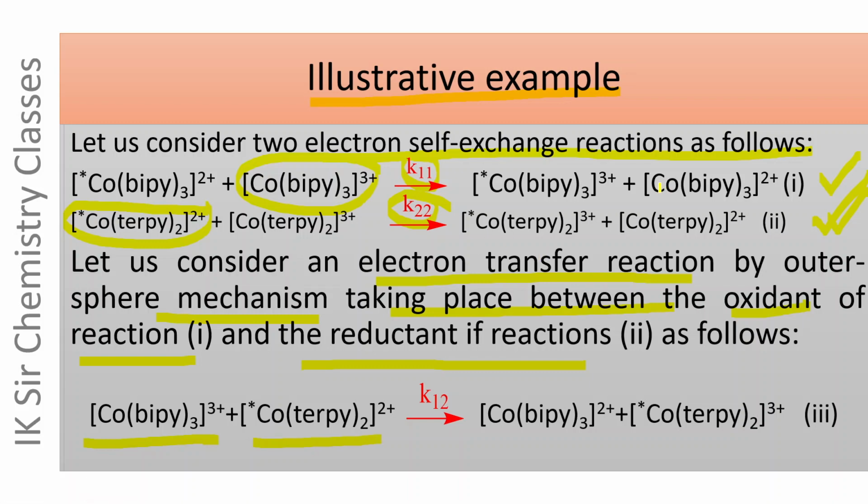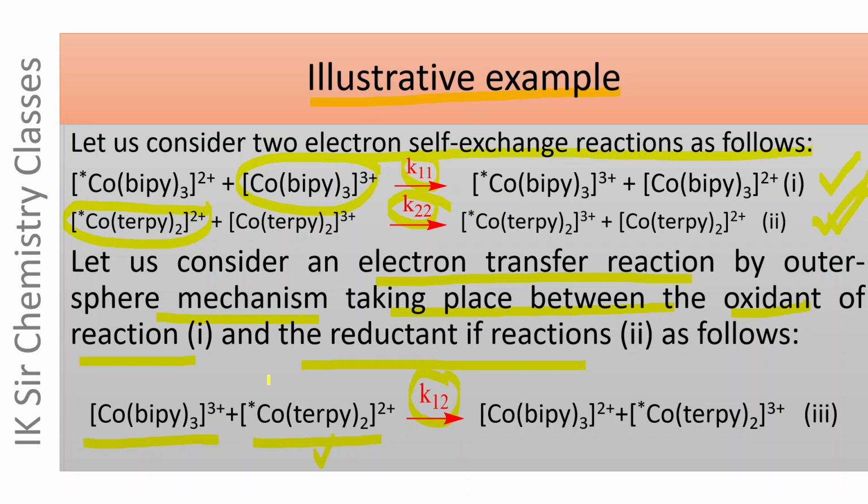The oxidant of electron self-exchange reaction 1 and the reductant of electron self-exchange reaction 2 are taken in this electron transfer reaction by outer sphere mechanism, and therefore it is an example of cross reaction, and its velocity constant has been represented by K12.